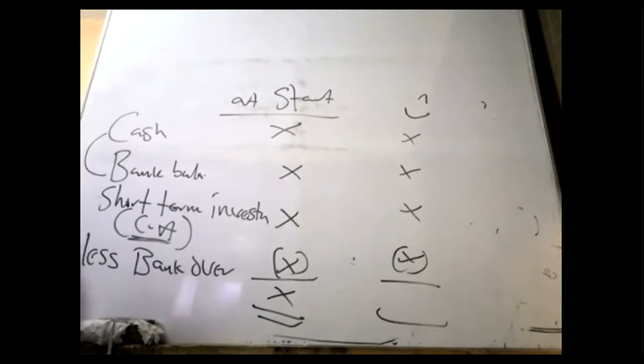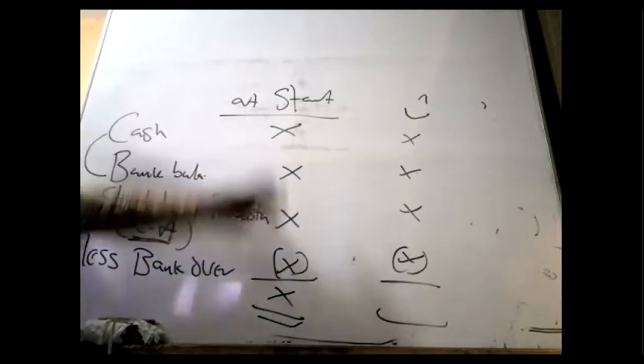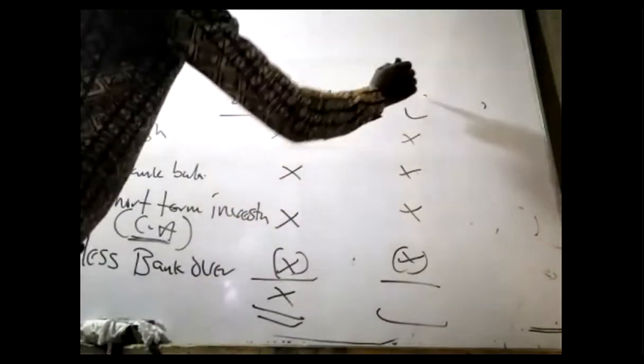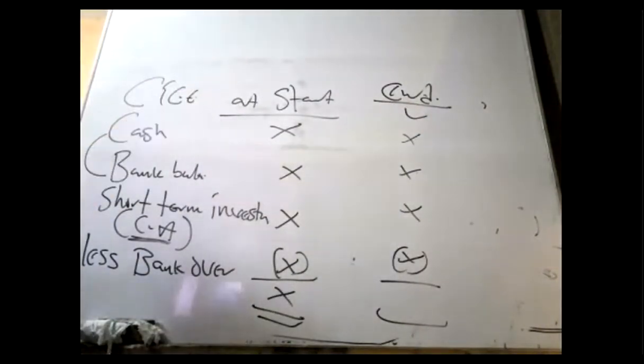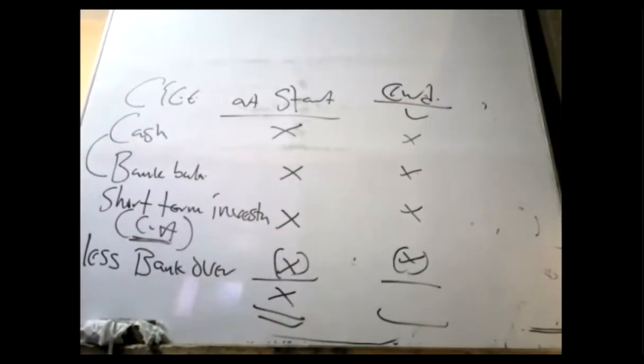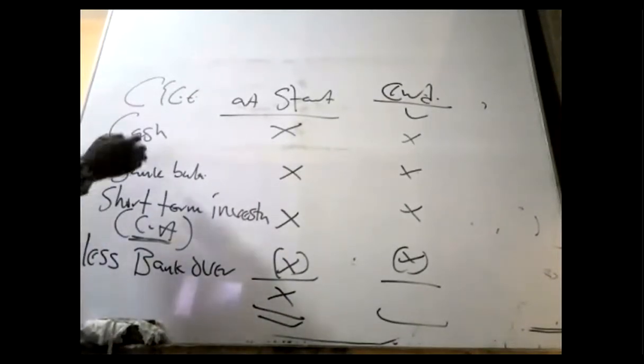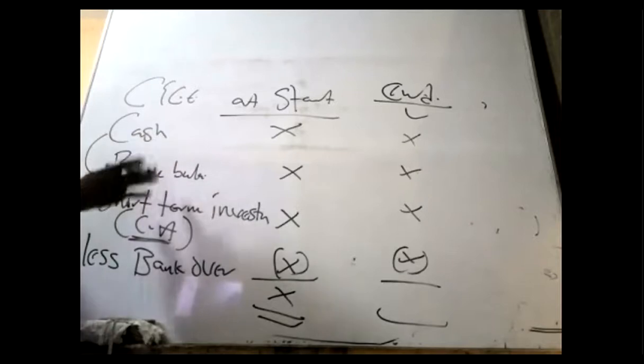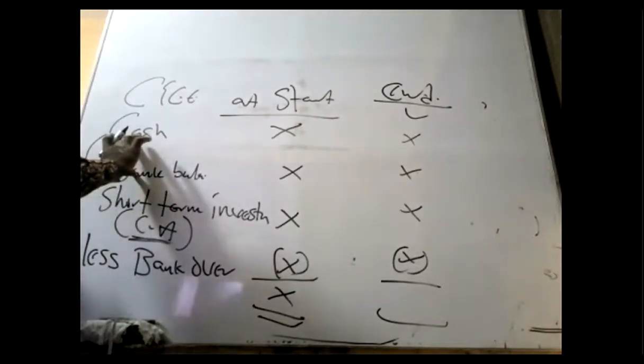Okay, so to go over again, if you are calculating cash and cash equivalent, we do it at the end and then at the start. We say it's made up of your cash balance plus your bank balance.